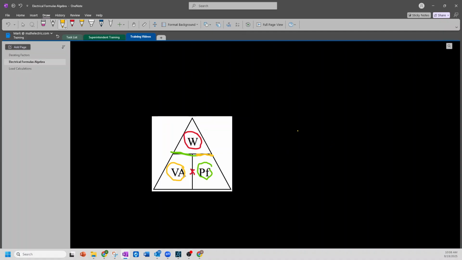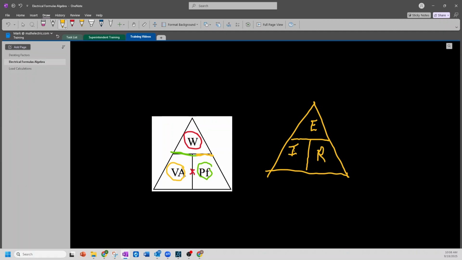Okay, so we'll make a triangle, and we're going to split it up just like we did here. Okay, we're going to put an I here, an E here, and an R here.